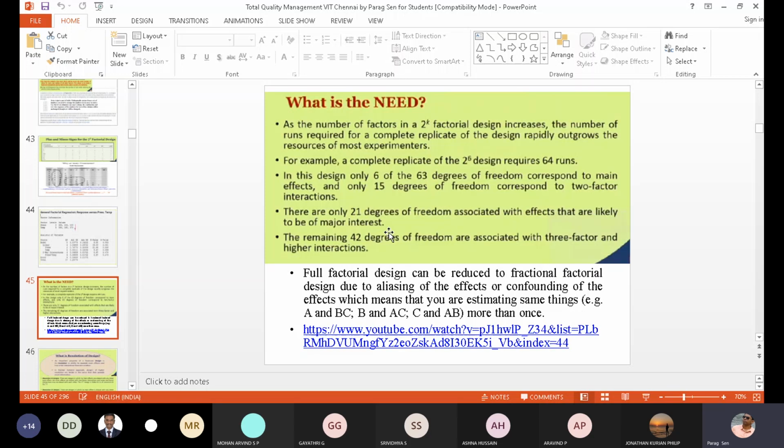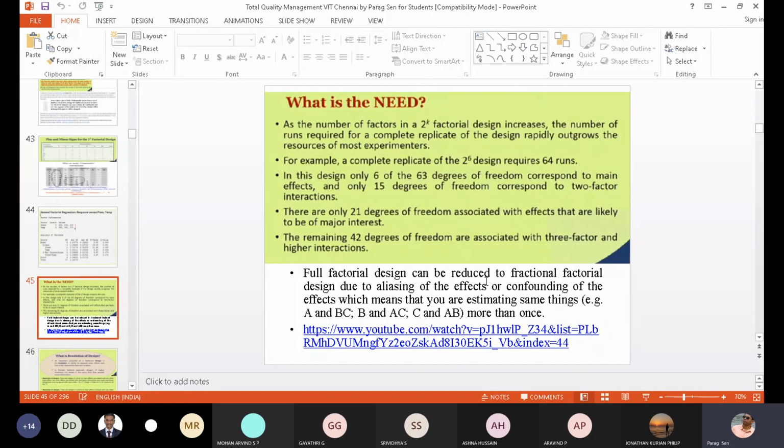In this case, the main effects are 6 and the two factor interaction effects are 15, so 6 plus 15 is 21. Out of 63 degrees of freedom, the 21 degrees of freedom are our main area of interest, and the rest of the 42 degrees of freedom are associated with three factor and higher interactions, so we are not interested in them.